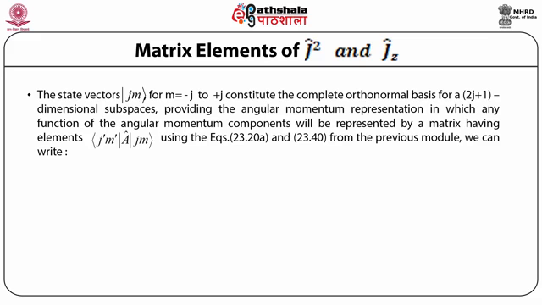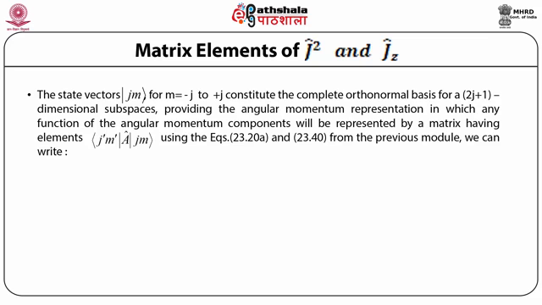then we have the complete orthonormal basis for a 2j plus 1 dimensional subspace. That is, if we consider all the elements from minus j to plus j including 0, then the total number of elements is 2j plus 1.